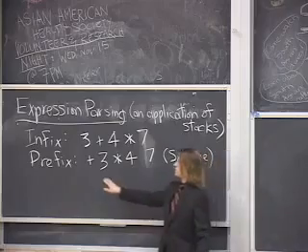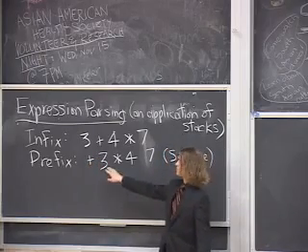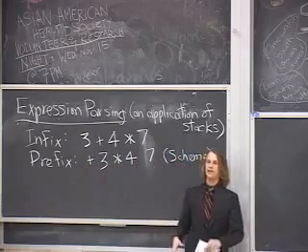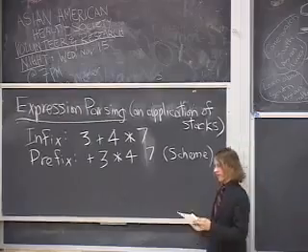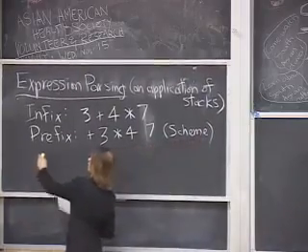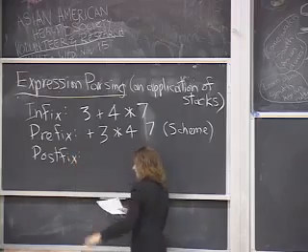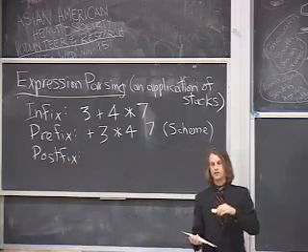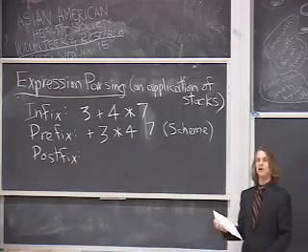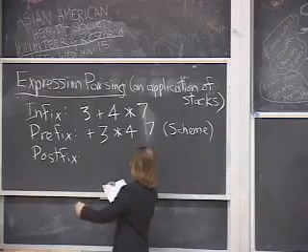And what it means is you add the next two operands, the first operand being 3 and the next operand being a compound operand. Postfix works the same way, except that with postfix, you have the two operands first, and then you have the operator that tells you what to do with them.